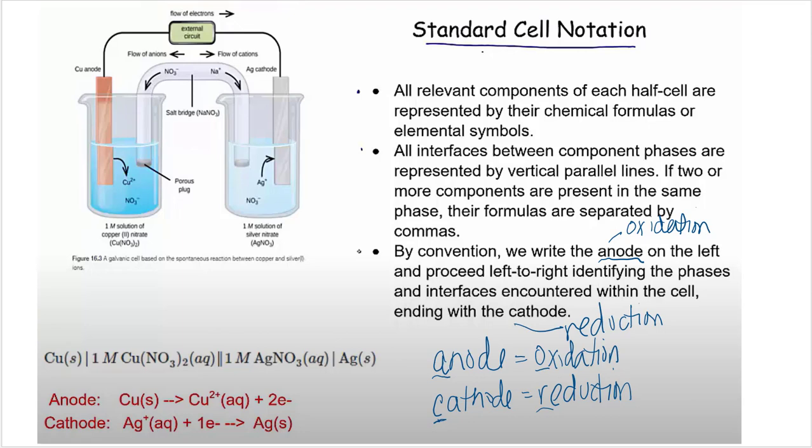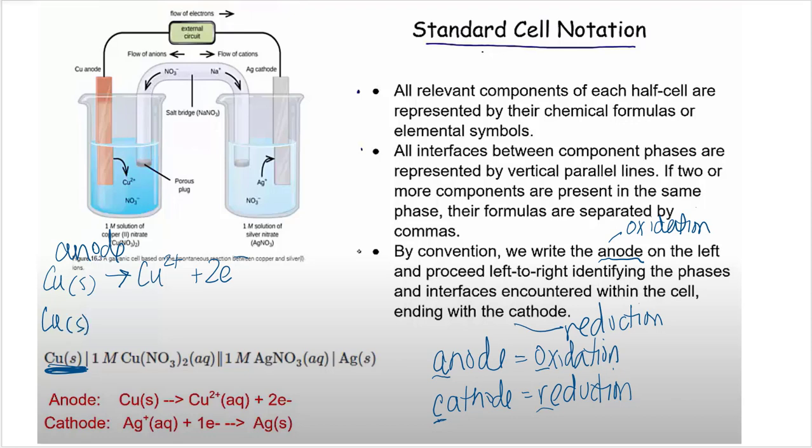So let's look at what we have here. We are starting with our anode. And remember, our anode is going solid copper into solution, Cu2+ plus 2 electrons. So we start off by writing our copper, solid copper.